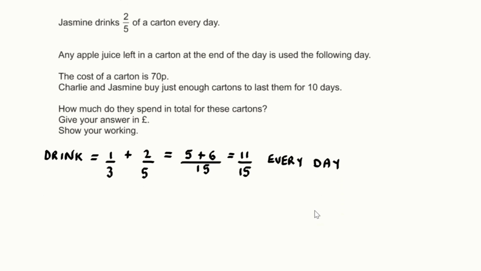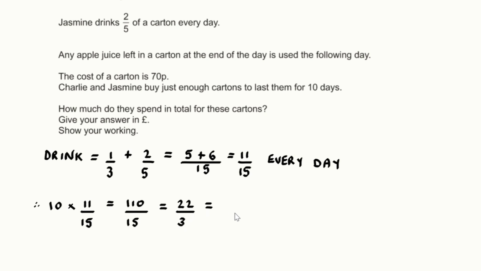And so in 10 days, how much would they drink in total? Well, we would have 10 multiplied by 11 over 15, which is equal to 110 over 15, which simplifies to 22 over 3.